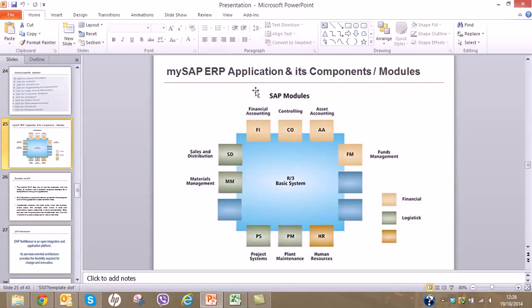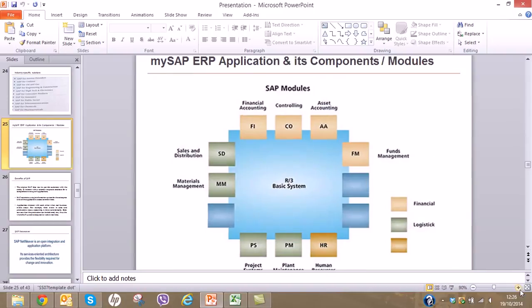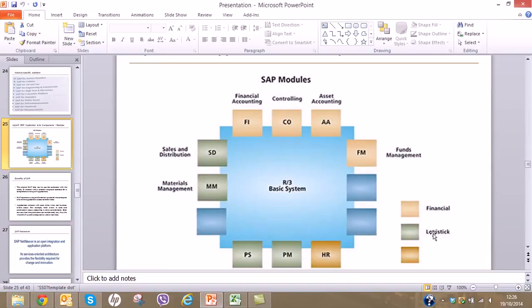SAP ERP application has three main components: the first one is financials, as you can see here. The second one is logistics, and the third one is human resources, or human capital management, which is called HCM. So the three main components of SAP ERP are financials, logistics, and human capital management.